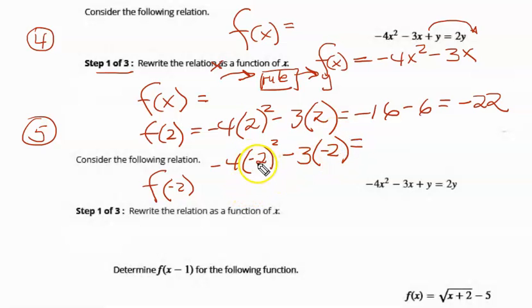Well, the -2 squared is still 4, so this is still a -16. But then now -3 times -2 is a +6. So here we get a -10. All right.